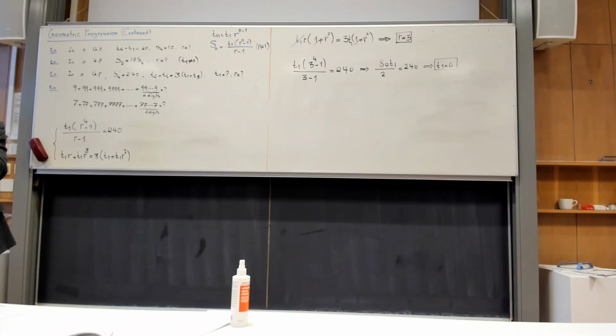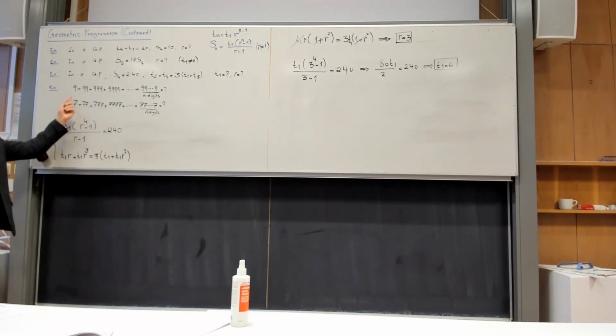So n is 1. r to the power of 1 minus 1 would be r to the power of 0. So t1 is 10 and r is also 10. No, it doesn't work, I told you. If t1 is 10 and r is also 10, you might generate one of them, but you are supposed to generate all of them. Don't make trouble for yourself.